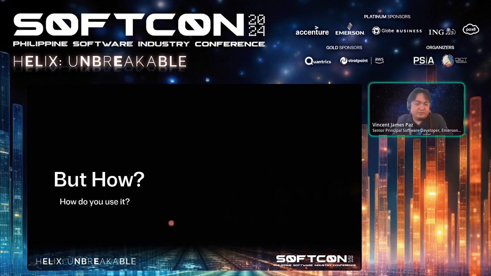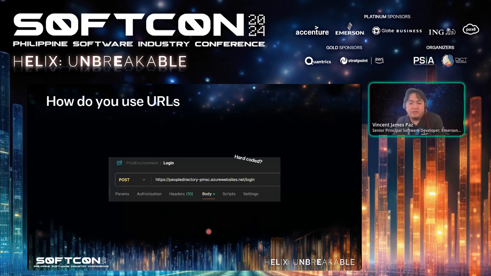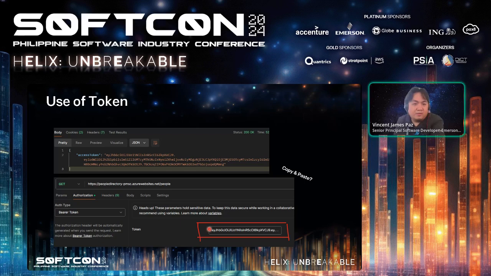So you're using Postman, yes, but how? The question is how do you use it? How do you pass credentials to your request? How do you use URLs? Is it hard coded? How do you pass your token from login into your succeeding API request? Is it also copy and paste?